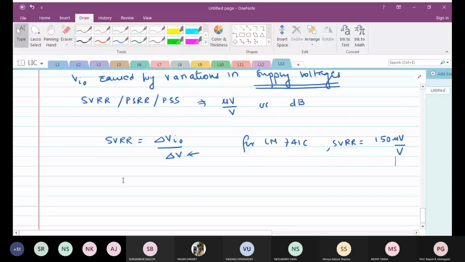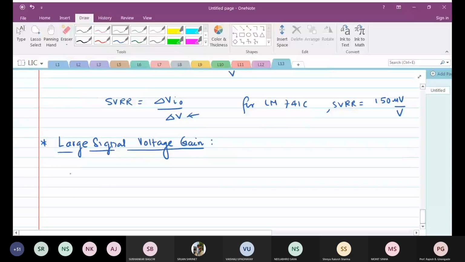So these are very, very important parameters, and that is the reason why I'm concentrating more here. The next parameter is the large signal voltage gain, the thing that we had denoted as A. But how is it specified?